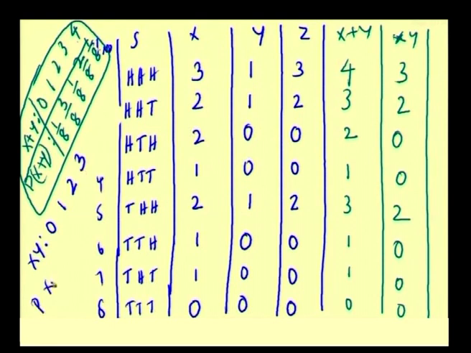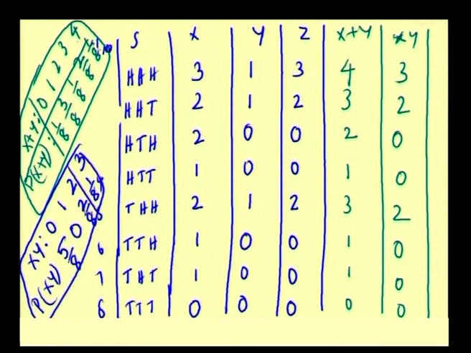So, the corresponding probability values are P of xy. How many zeros are there? 5 zeros. So, 5 by 8. There is no 1 at all, therefore 0. How many 2s? Two 2s, so 2 by 8, and then 3 is 1 by 8. This is your probability function for xy.